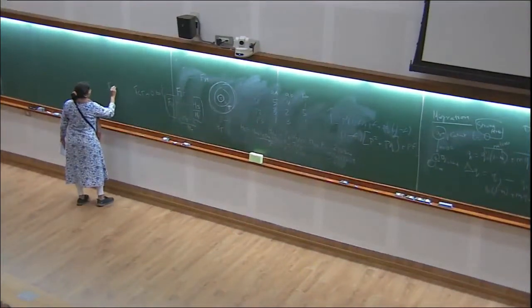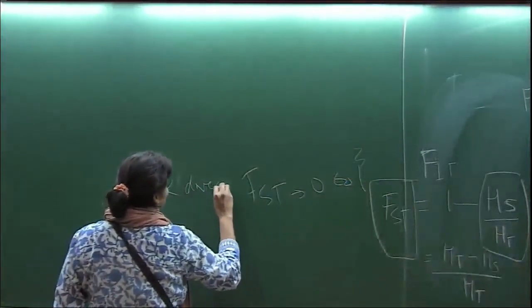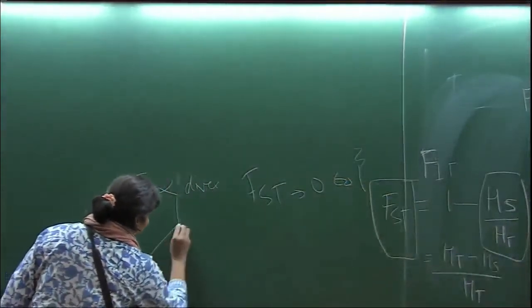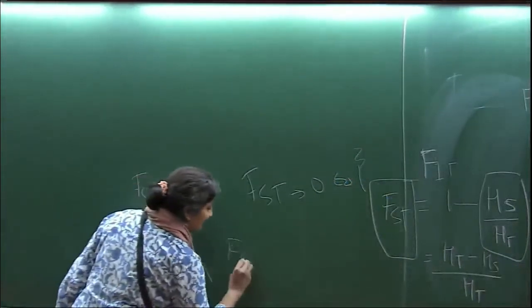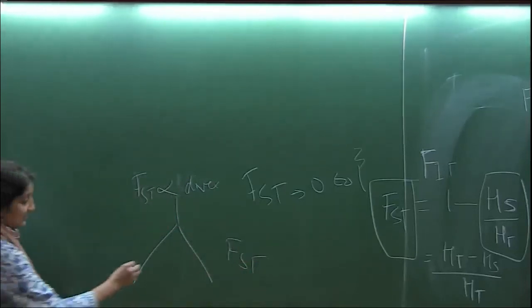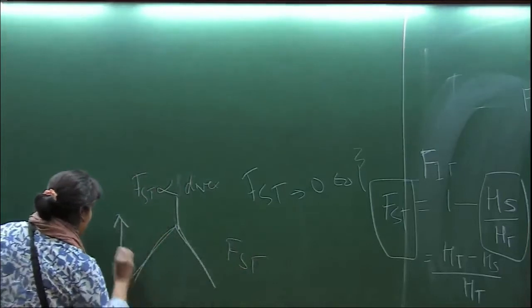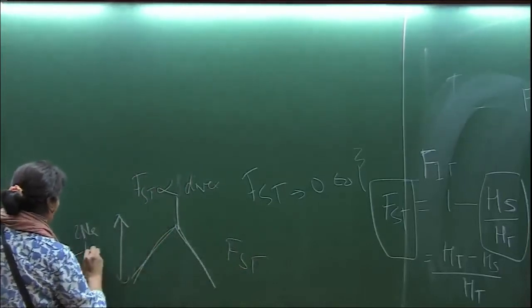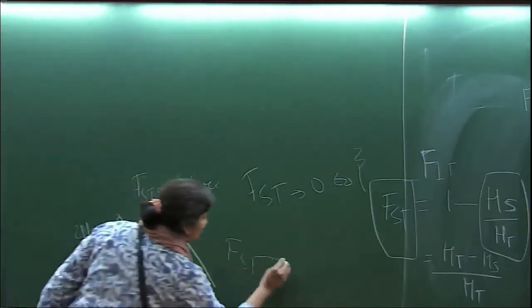FST is also proportional to divergence time. If two populations split a very long time ago, then FST will be high. In fact, we won't have too much time to talk about the coalescent, but if you model this in the coalescent, when you have 2Ne to 4Ne generations, where Ne is the effective population size or number of individuals, FST equals 1.